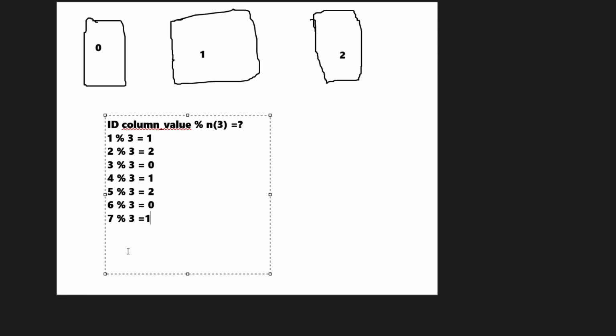So just take a look at the bucket numbers and corresponding column values. 1, 4, 7 are all going into bucket 1. Similarly, 2 and 5 are going into bucket 2, and 3 and 6 are going into bucket 0.